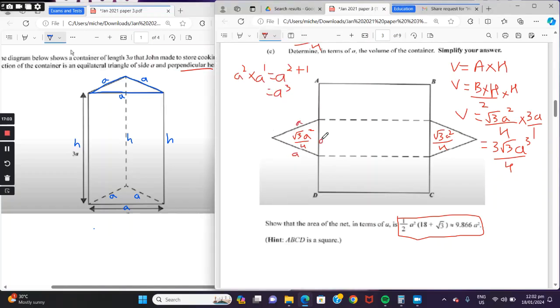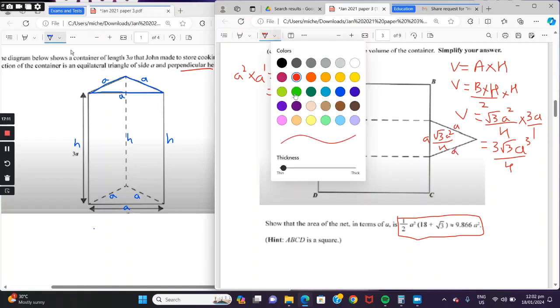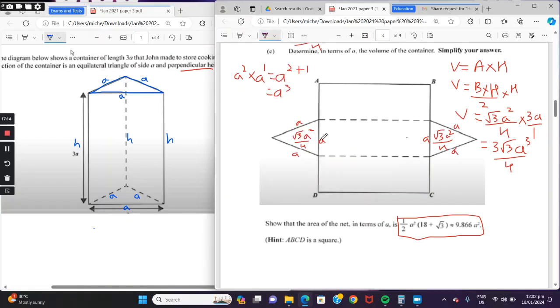That means here's going to be E. Here's going to be E. All of that's going to be E. So that means this piece here is also going to be E, because when they fold it in, it will fit exactly with the triangular length. So here will be E, and this is going to be E.